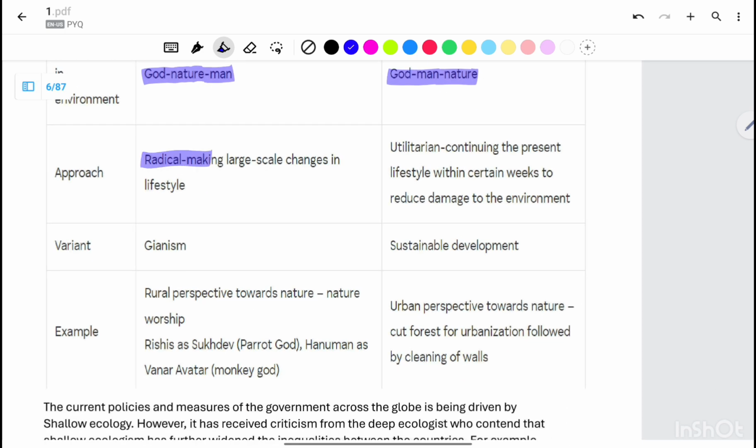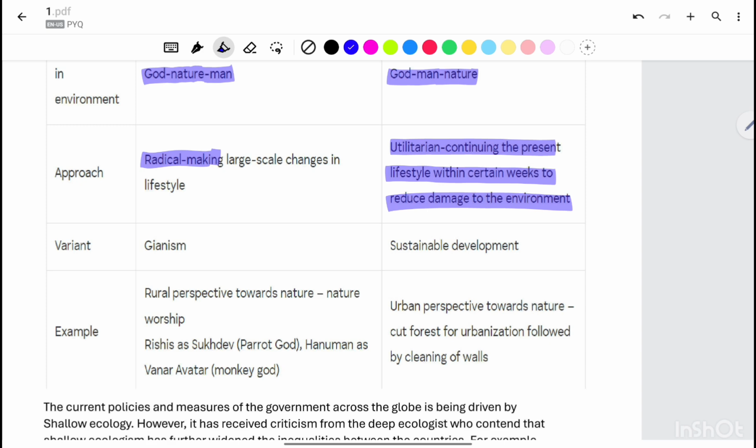Radical measures. We need to stop using polluting, greenhouse gas emitting machines like air conditioners and vehicles. But in shallow ecology, you follow a utilitarian lifestyle with certain limits to reduce the damage to the environment.